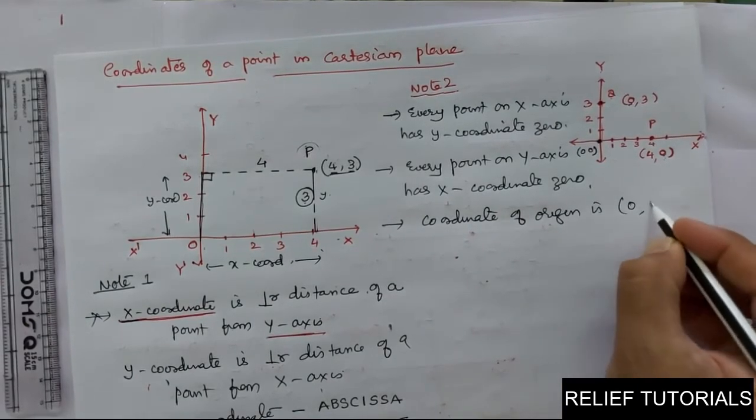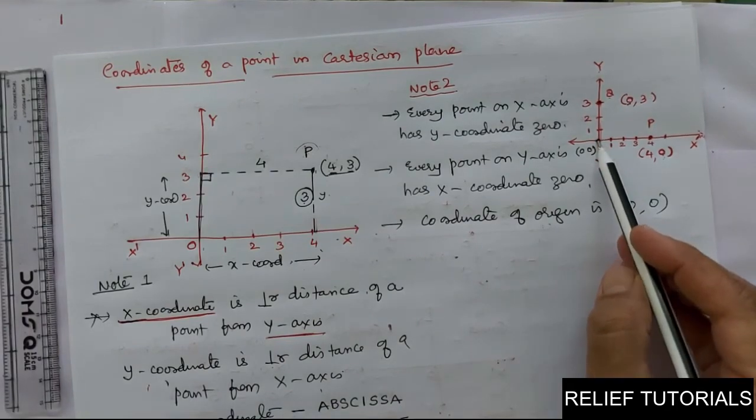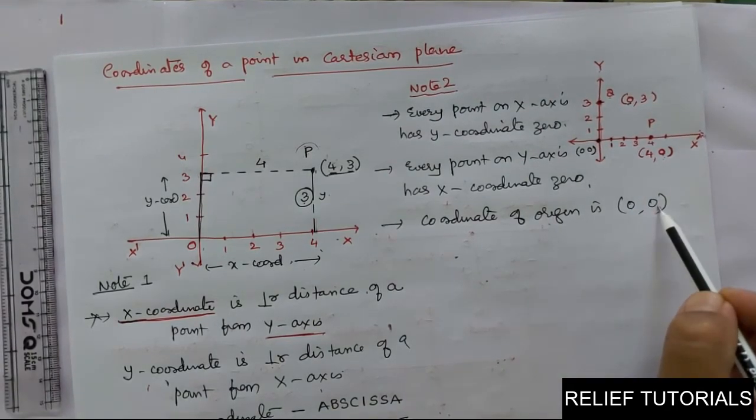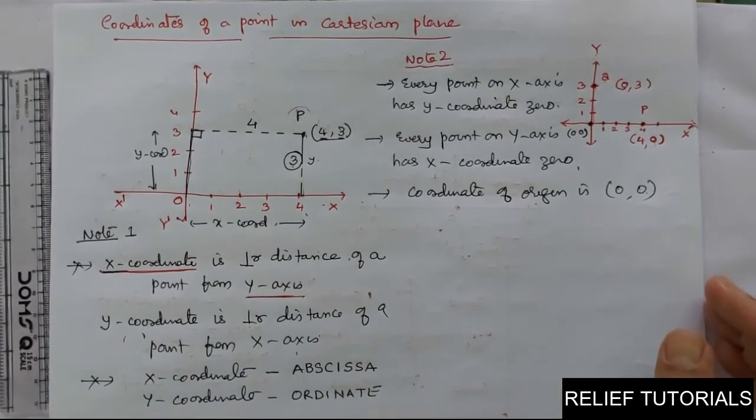Why? Because the distance of this point from the y-axis and x-axis is 0, 0. Have you got it? So this is the reason why the coordinate of the origin is 0, 0.